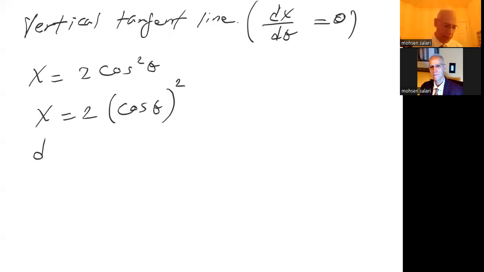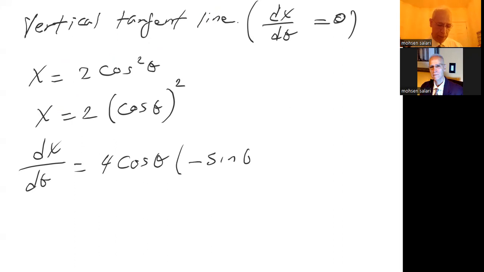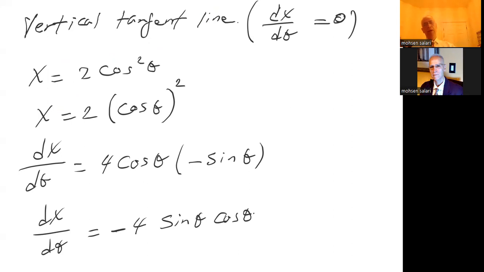So dx d theta equals 4 times cosine of theta, using the chain rule, times minus sine theta. So dx d theta equals minus 4 sine theta cosine theta, and we want to set this equal to 0.